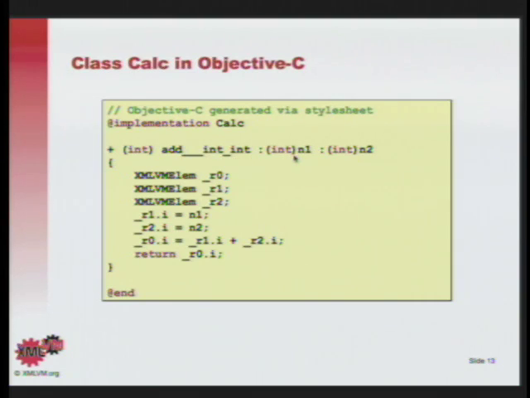So we have our 2 input arguments, x and y, which here again on bytecode level are referred to as n1 and n2. We initialize the input parameters with the registers. Here's the one line, so the addition, that is basically the code that was contributed by the XSL template I showed on the previous slide. And then the return statement will return the result.